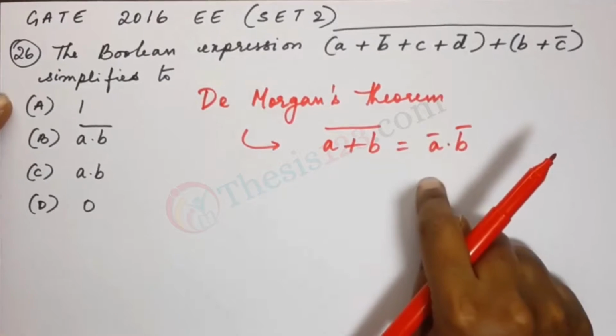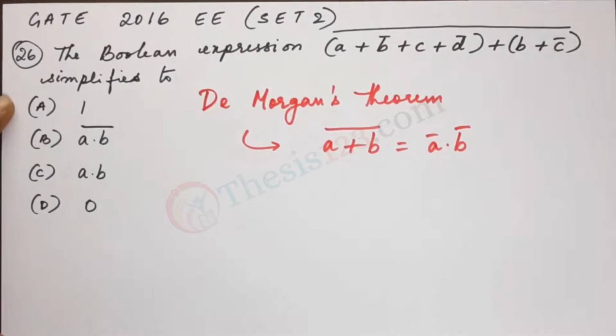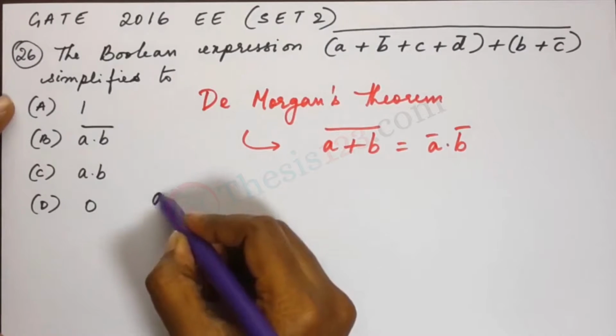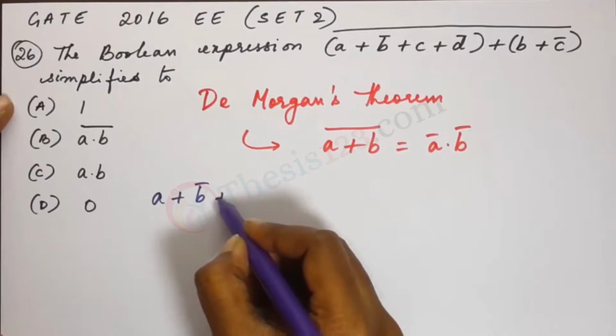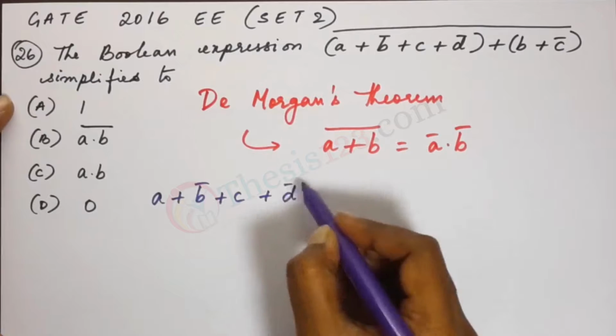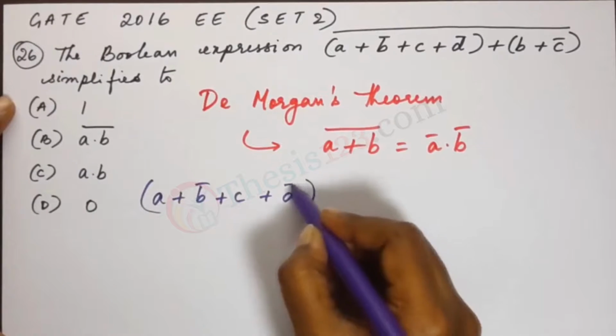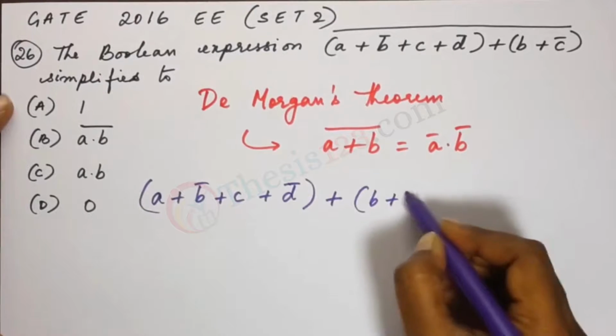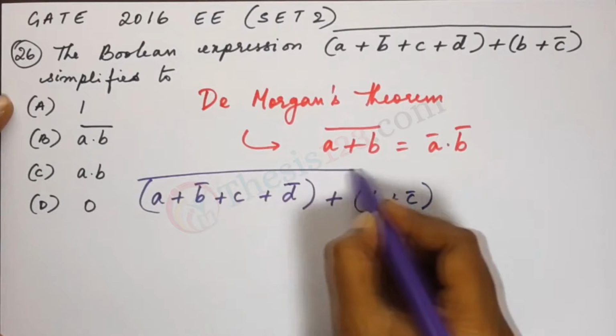So let's keep this in mind while trying to solve and simplify that. Okay, so we have here A or B bar or C plus D bar or B C bar whole bar.